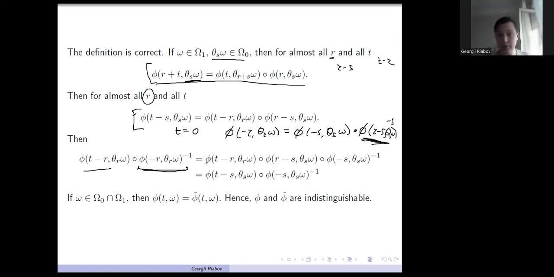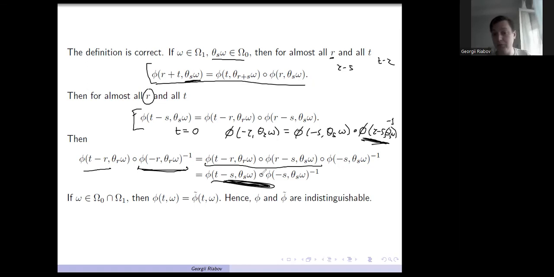But note that this composition is exactly phi t minus s theta s omega. So this expression is equal to the analogous expression with r for almost all r.